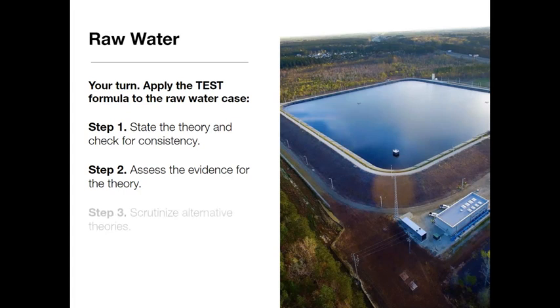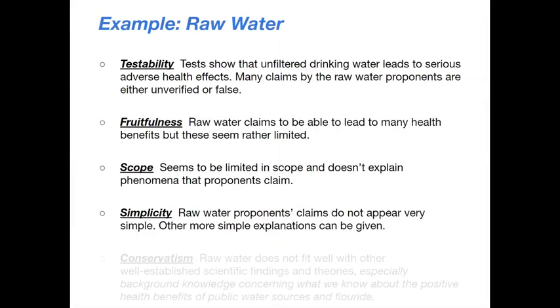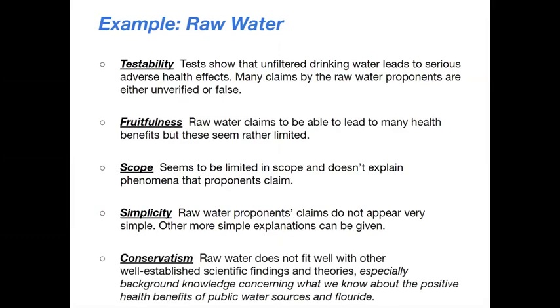You can find some information, but we could use the test method on the raw water case, and I think it would be pretty clear what should come up, right? Testability. We know that unfiltered drinking water leads to serious adverse health effects. The claims by the raw water proponents are either unverified or false. Raw water claims to be able to lead to many health benefits, but these seem rather limited or also false.